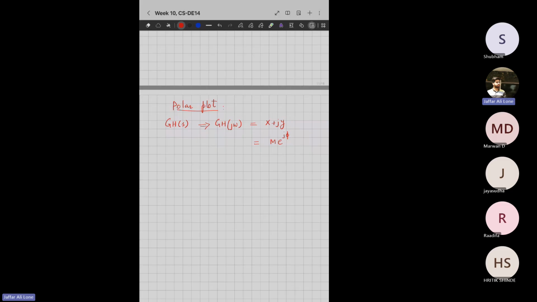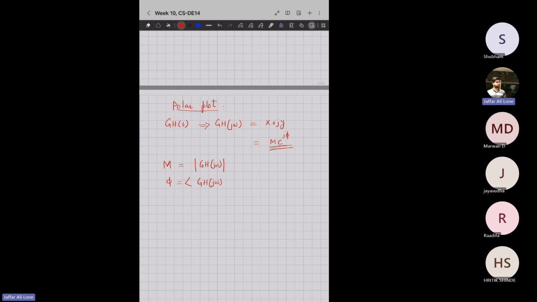So basically, in polar plot, we plot the magnitude and phase of a transfer function in the polar coordinate system. In the polar coordinate system, everything is in terms of phasors. So this is a phasor, a complex number that has some magnitude as well as some angle. This magnitude M is equal to the magnitude of G(j omega)H(j omega), and this phi is the angle of G(j omega)H(j omega). Let me just revise.